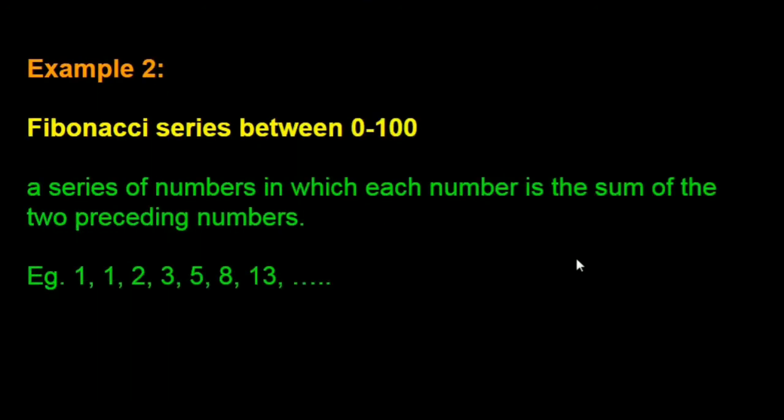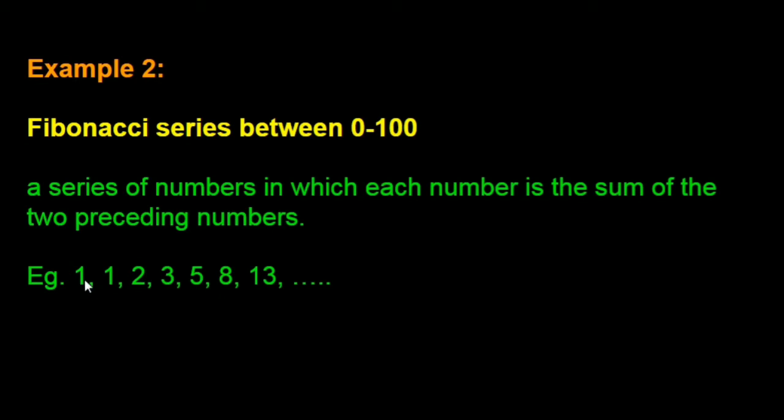Okay, now our next example will be the Fibonacci series between 0 to 100. If I wanted to print all the numbers that satisfy the Fibonacci series between 0 to 100, what we should do here is, I hope you all know what the Fibonacci series is. In case you don't, it is basically the addition of the previous two numbers.